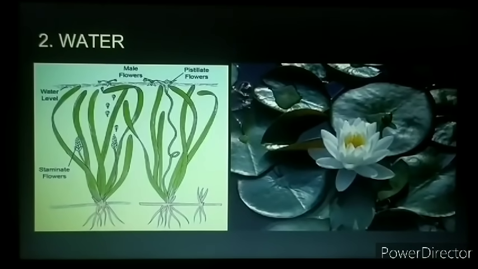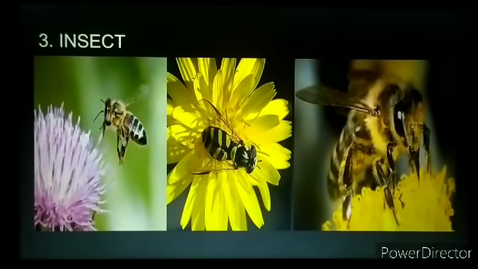Then the chances of cross-pollination reduces, right? So how do we effectively increase the chances of cross-pollination? Any guesses? This is where the insects come into picture.